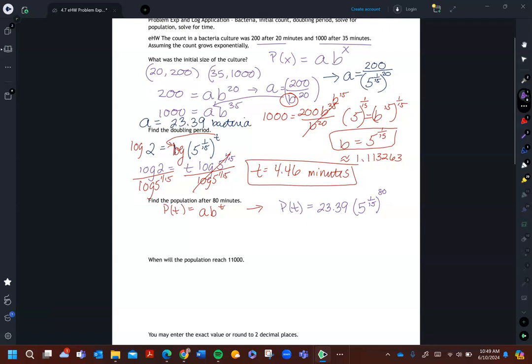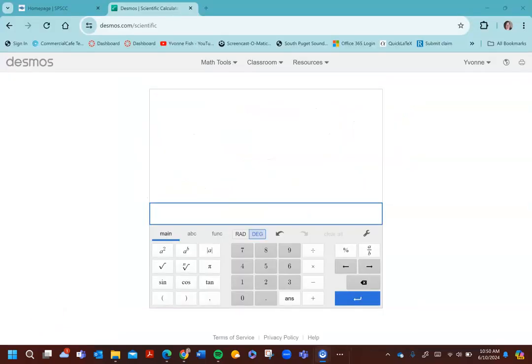So I'm going to just crunch the numbers there. Be careful when you're entering this in to follow your order of operations. I'm just going to use parentheses and such. So I have 23.39 for A, and that works out fine if you don't write everything out for this one. But then I'm going to put in my 5 to the 1/15th, and then raise that to the 80.